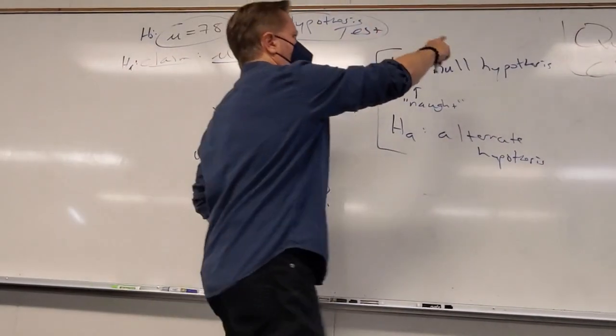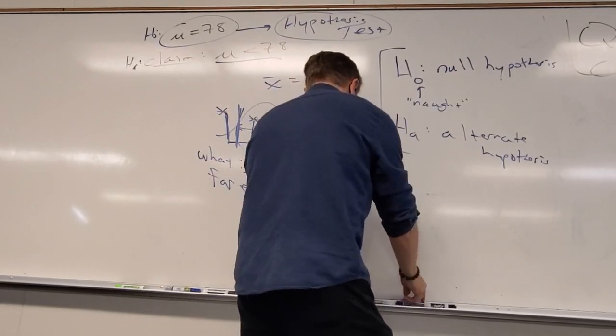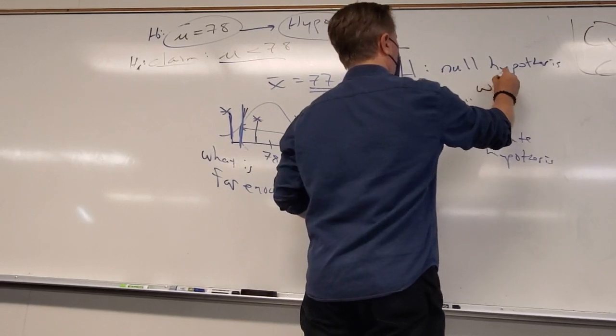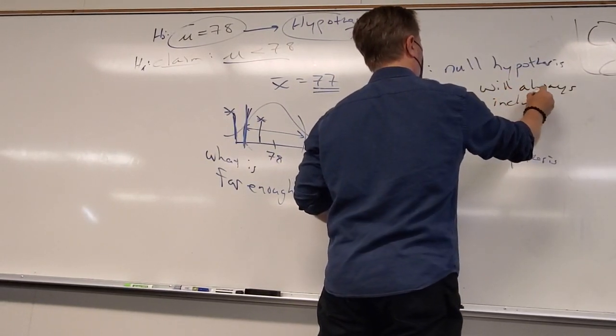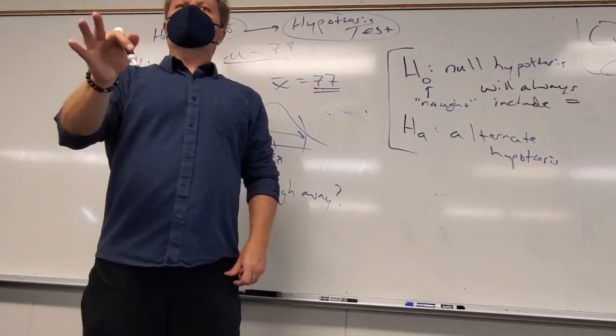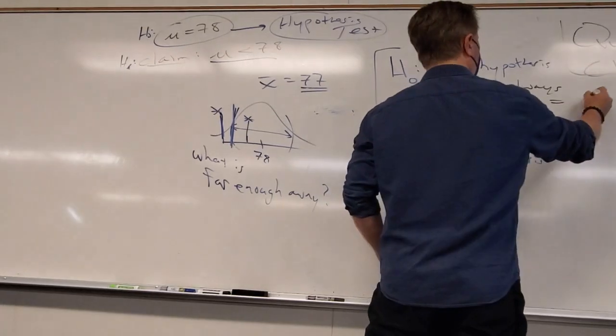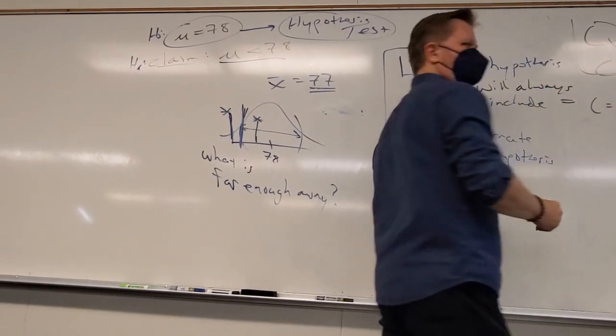The null hypothesis, this guy, will always include an equals. So it'll either be equal to, less than or equal to, greater than or equal to.